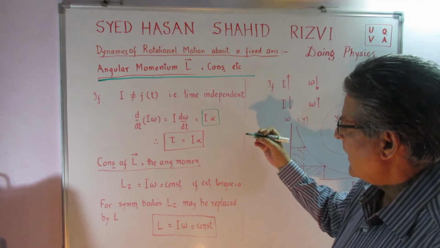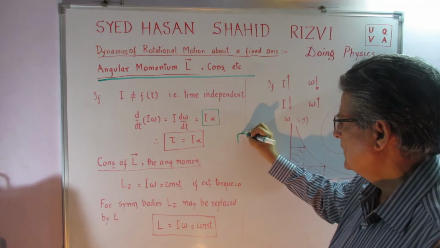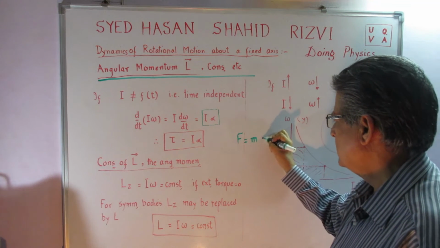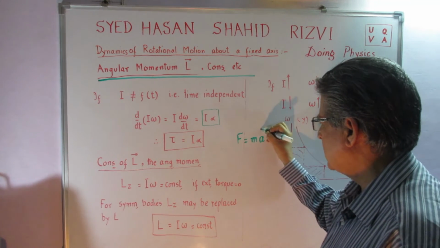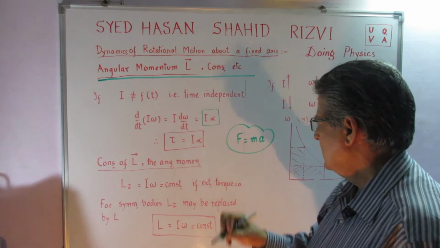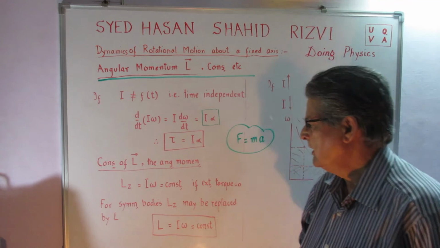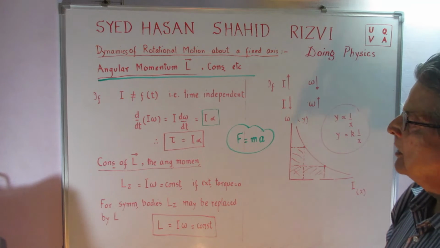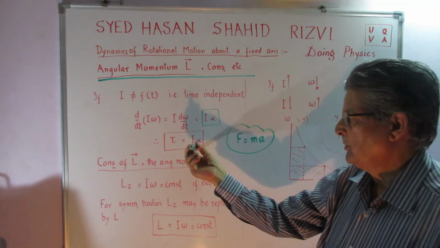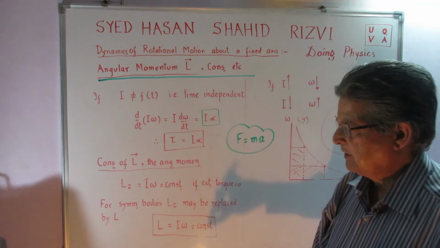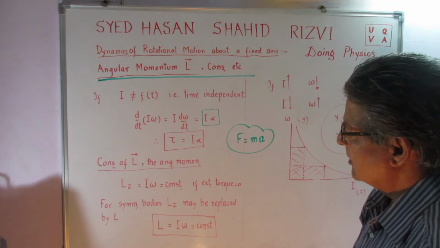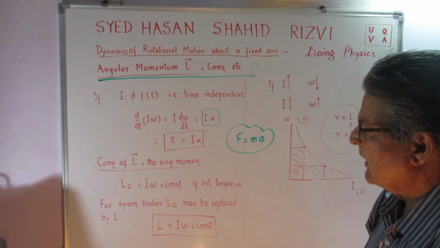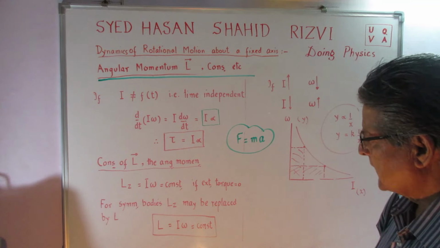Just like in the case of force, this was equal to m into a. So taking a complete analogy, in this situation of the angular momentum and torque relations, we get the torque is equal to moment of inertia into alpha, the angular acceleration.